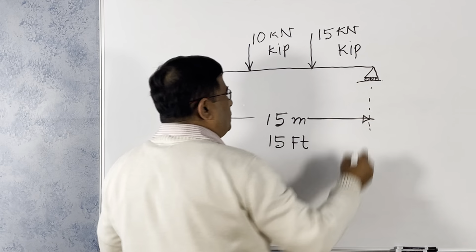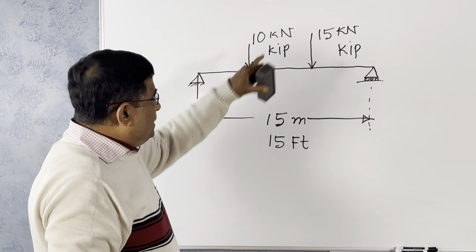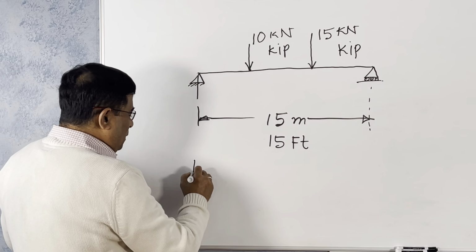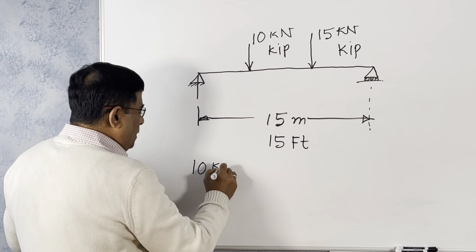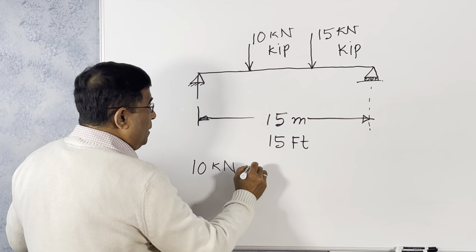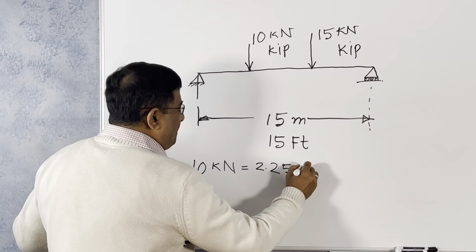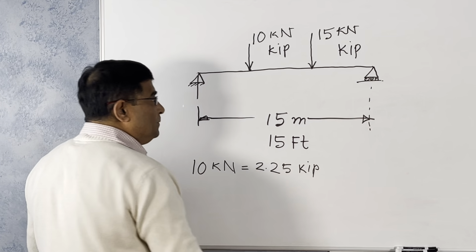But one thing you must be sure of, these two units are not the same. 10 kilonewton equals 2.25 kip. This is the conversion.